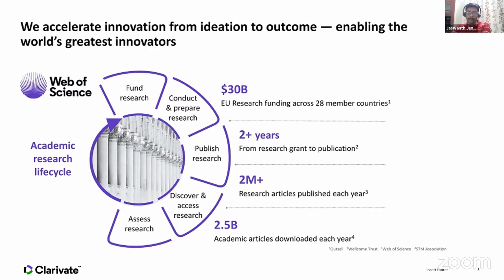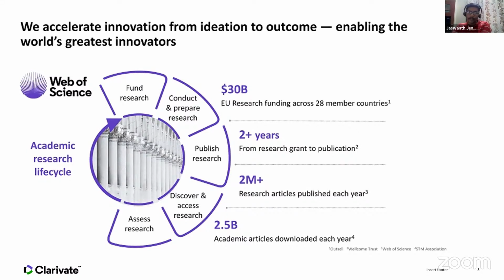Then we have more than 190 million records, which help you to generate novel ideas and do an extensive literature search. Then we have tools which will help you to identify the most relevant journal for your manuscript, so that if you approach that journal, it is definitely going to add value to your research.